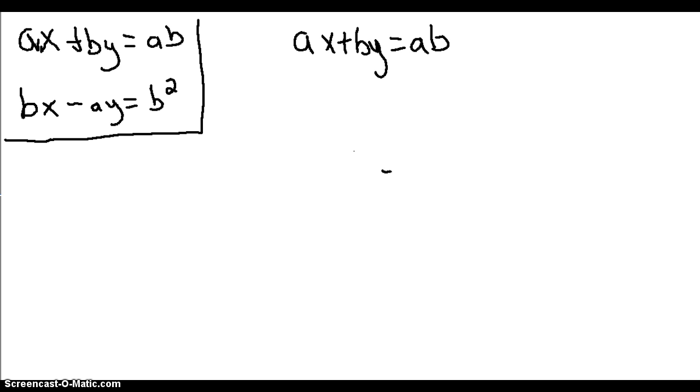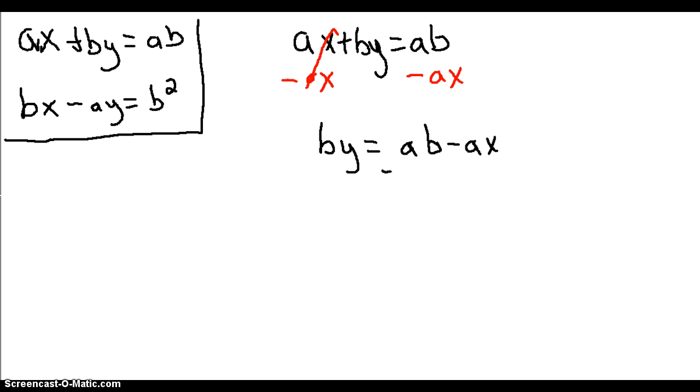Okay, so we need to pick one of the equations and we need to solve for one of the variables. So I'm going to pick the first equation and I'm going to solve for y. To solve for y, we are going to take ax away from both sides. So let's go ahead and do that. Okay, so this will then give us by by itself on this side. It's going to equal ab minus ax.